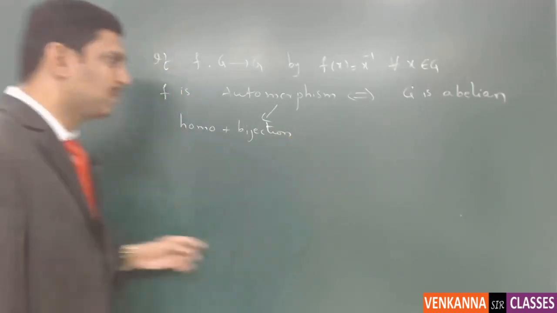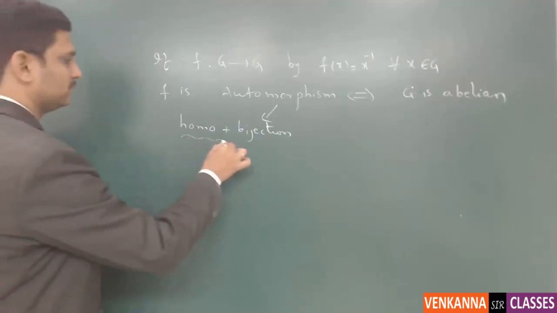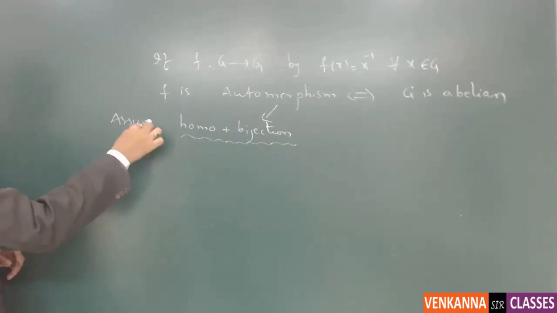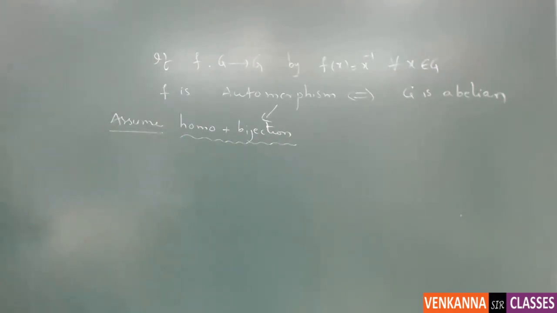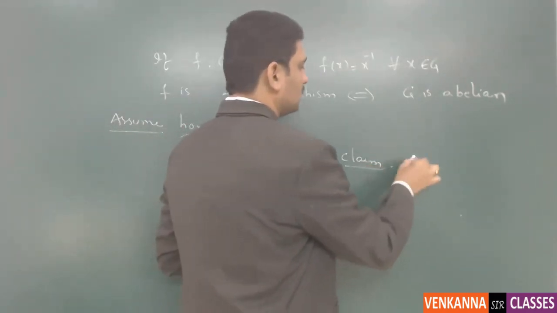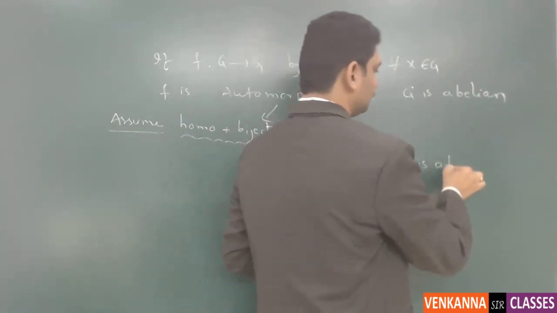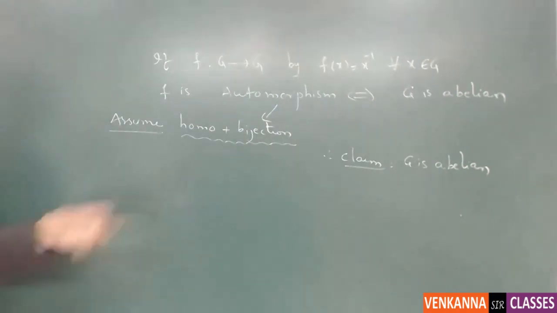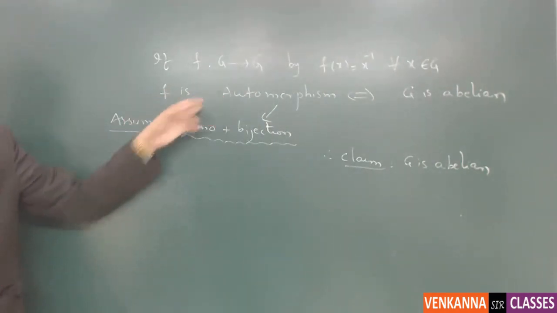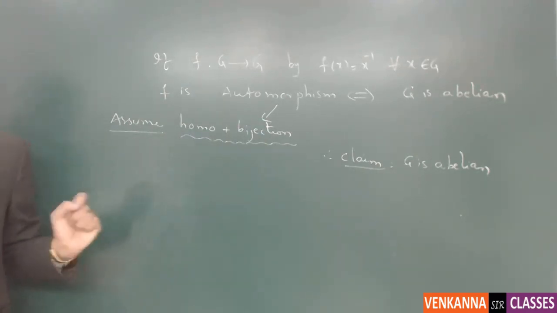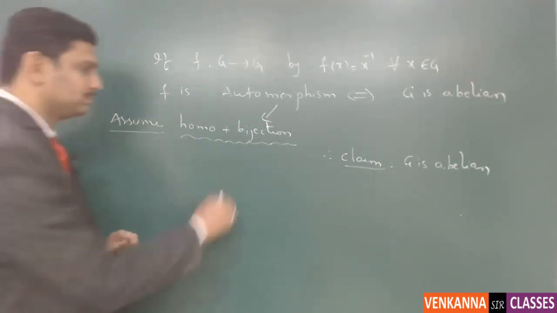Let us consider the first part. We assume that f is an automorphism. Our claim is G is abelian. We have assumed this, and we have to prove that G is abelian. Now let us take two elements x and y in the group.